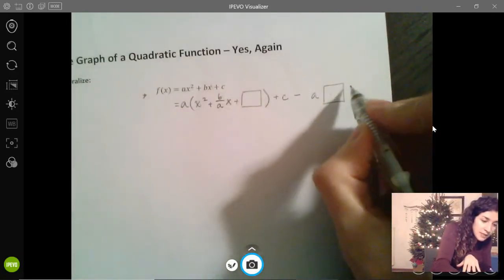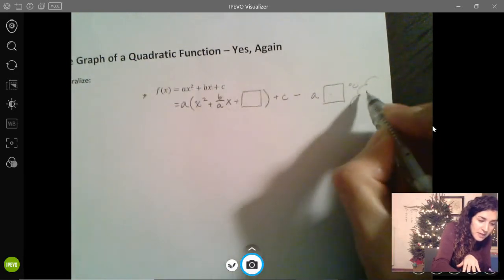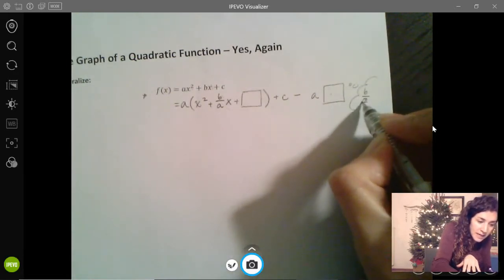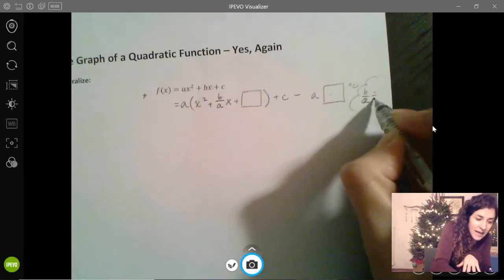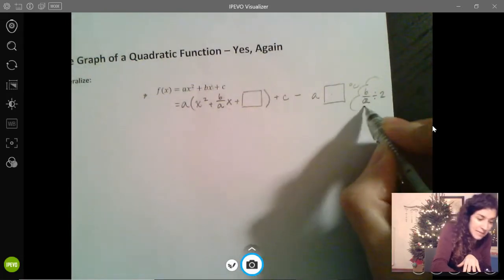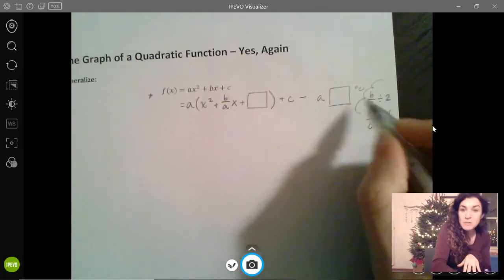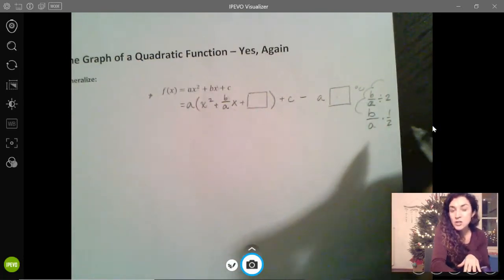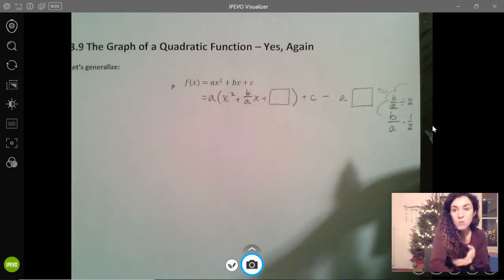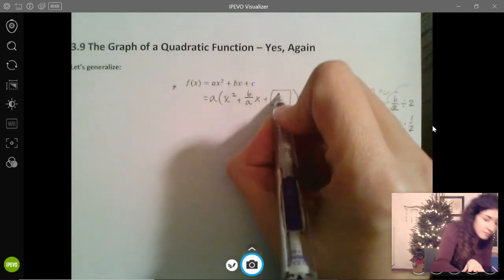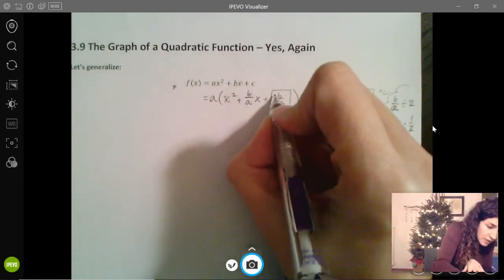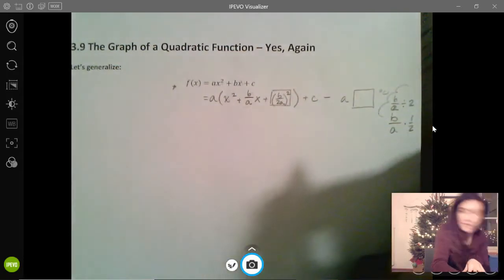B divided by A divided by 2 is the same thing as B over A times 1/2, which means that dividing B over A by 2 really is just B over 2A. And that whole thing needs to get squared.